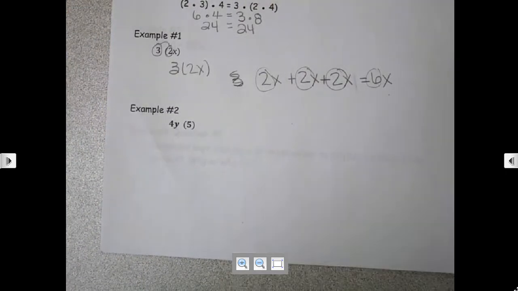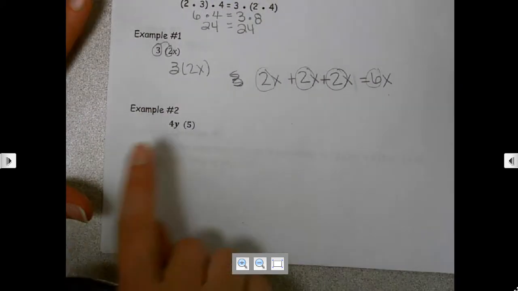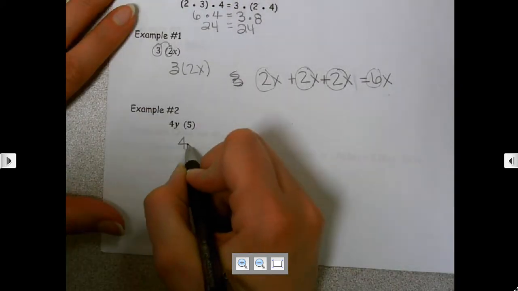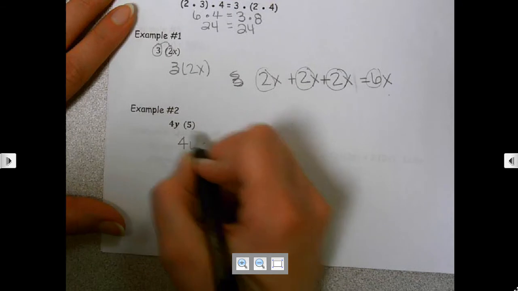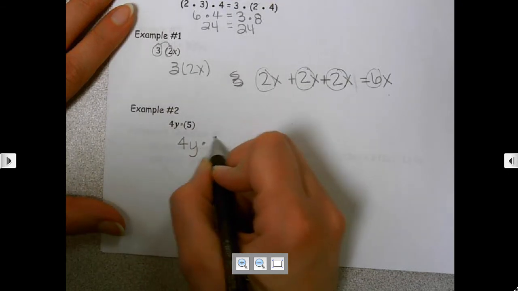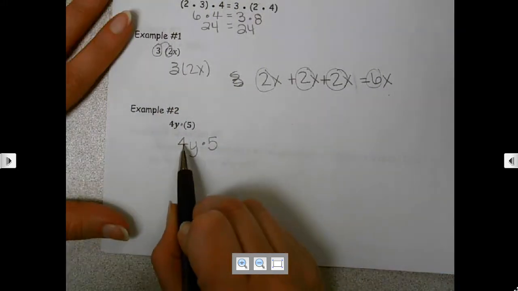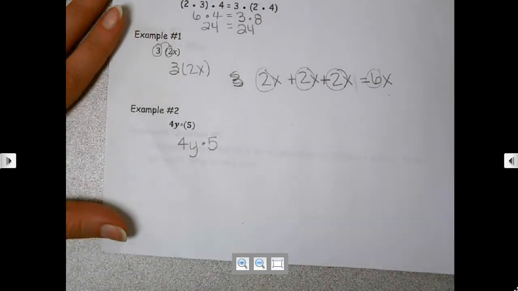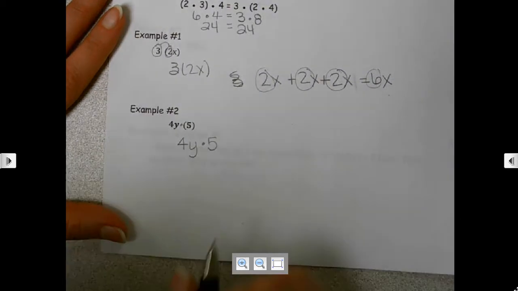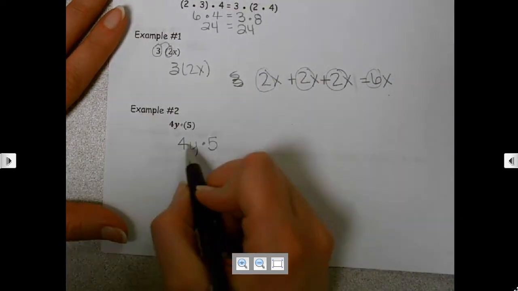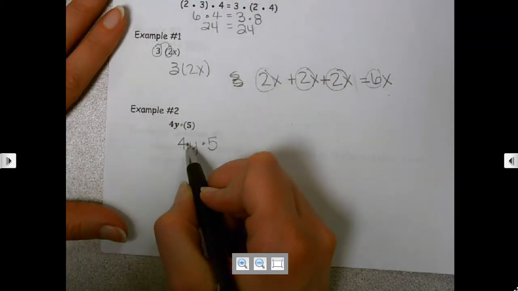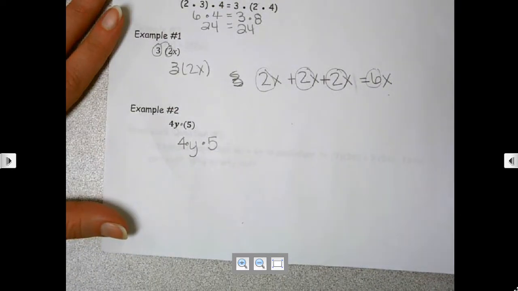Okay, hopefully you paused the video. What I would like to do is rewrite it, and I'm going to put in the multiplication operation there. I noticed that 4 and 5 are not together, so I'm going to use the commutative property to switch the order, because remember, 4y is the same as 4 times y.